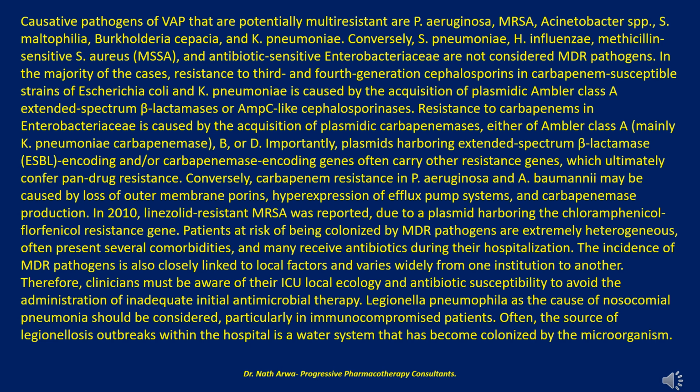Conversely, carbapenem resistance in Pseudomonas aeruginosa and Acinetobacter baumannii may be caused by loss of outer membrane porins, hyperexpression of efflux pump systems, and carbapenemase production. In 2010, linezolid-resistant methicillin-resistant Staphylococcus aureus was reported, due to a plasmid harboring the chloramphenicol-florfenicol resistance gene.